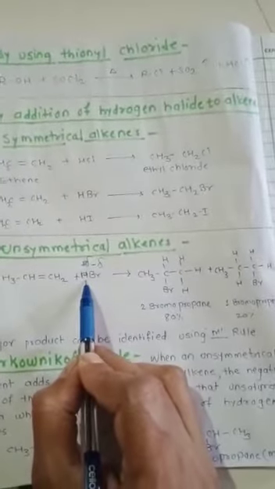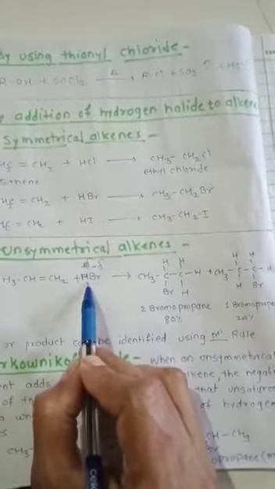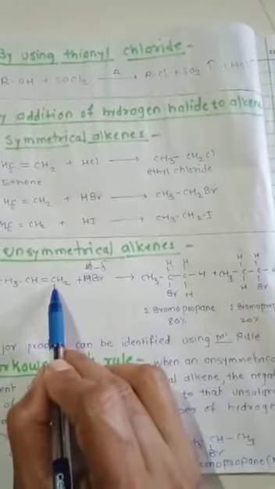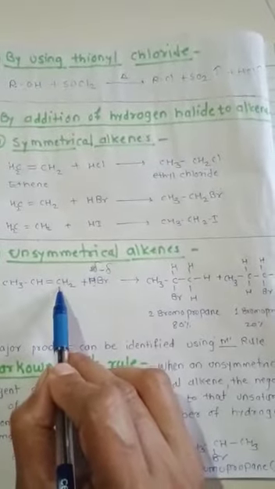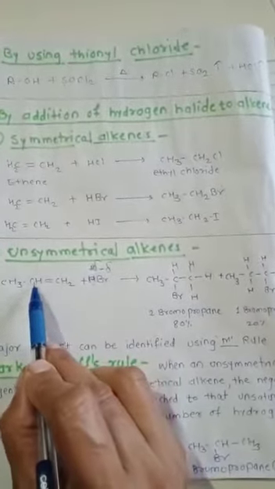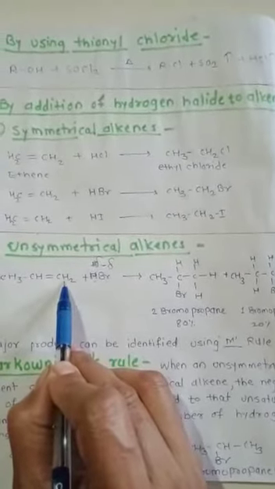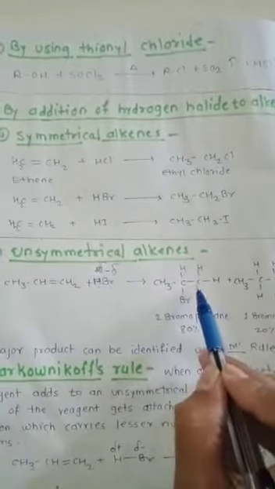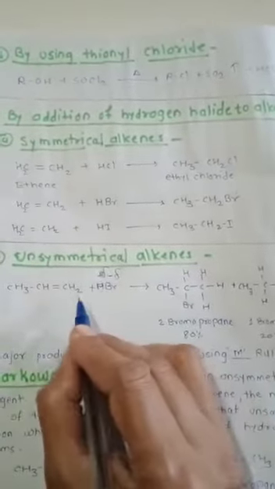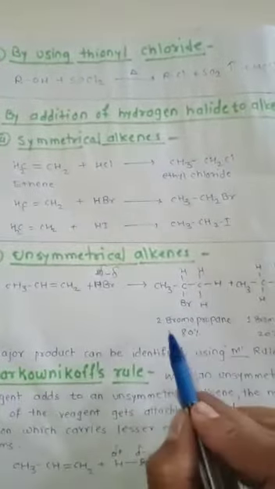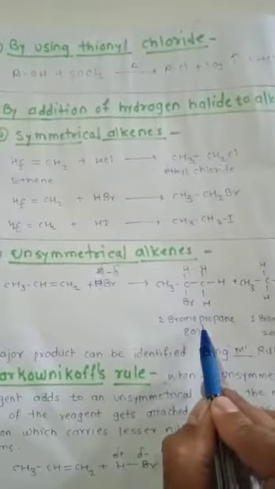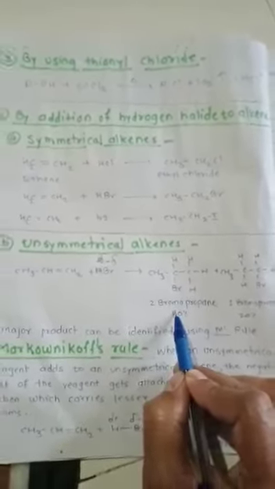The positive part of the reagent adds to that carbon atom which contains more number of hydrogen atoms as compared to this carbon. Here one hydrogen is present and here two hydrogens are present. See here, this hydrogen is added here, hence the 80% product 2-bromopropane is obtained.